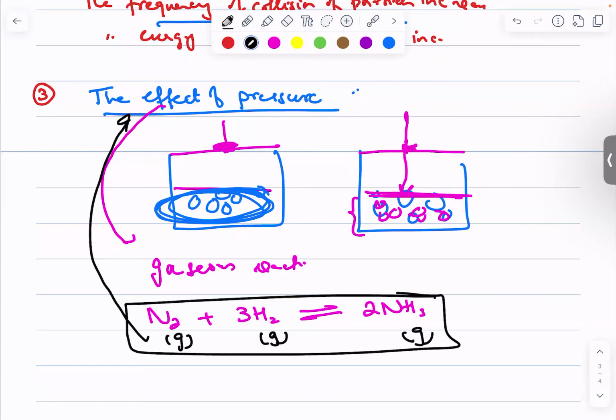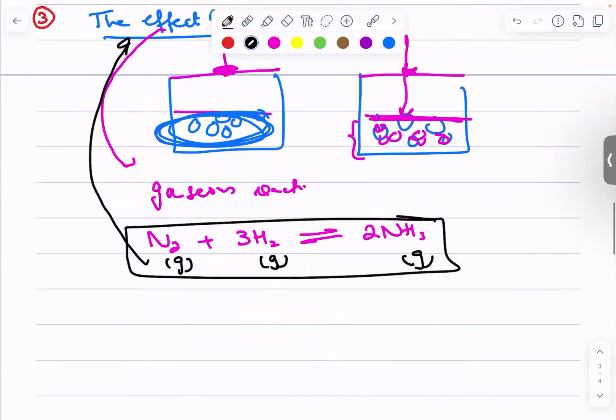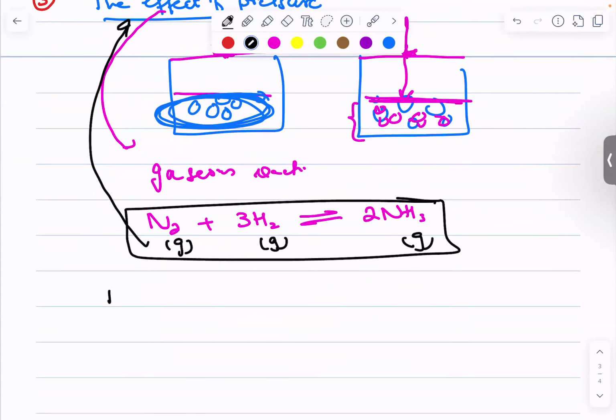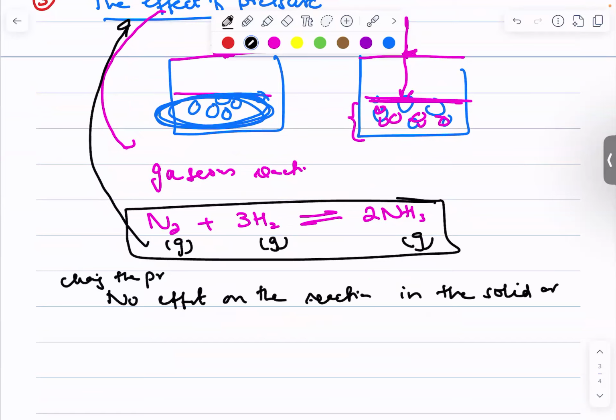However, changing the pressure has virtually no effect on the reactions in the solid or liquid phase. Why? Any idea?